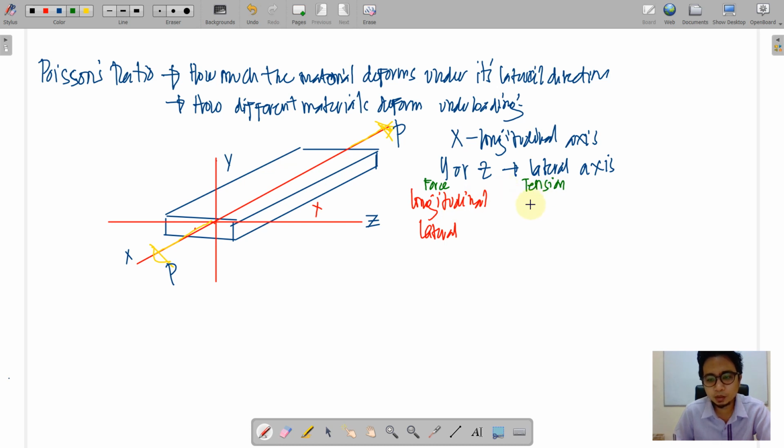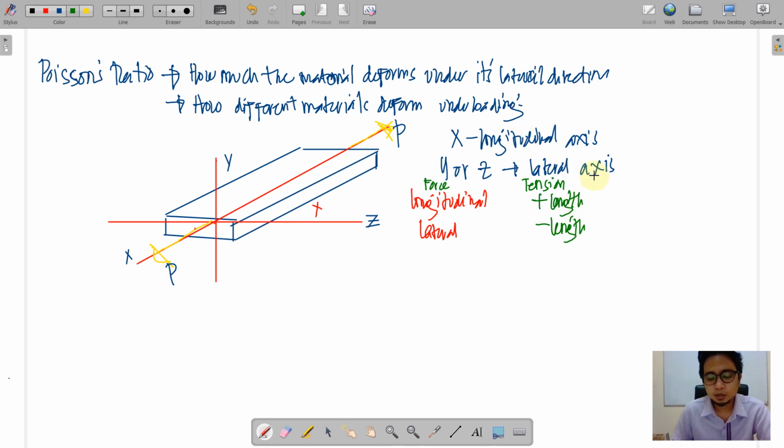Of course, it will lengthen. So there will be a positive length here. Okay? Positive length. So if we have a tension, the effect on the lateral direction would be negative length. As we have said, while we are stretching that one, we are shortening the lateral direction.